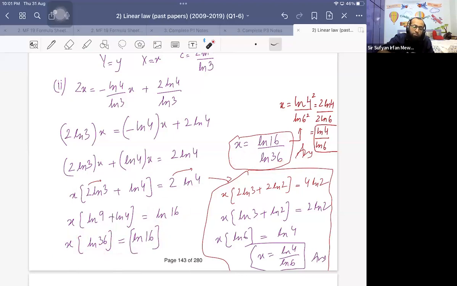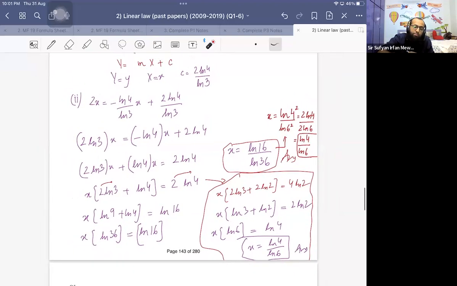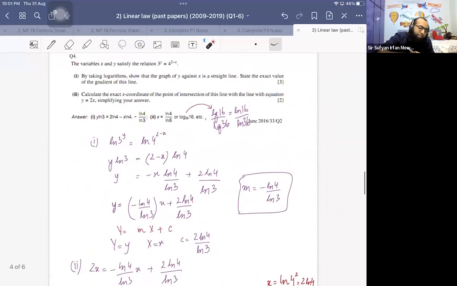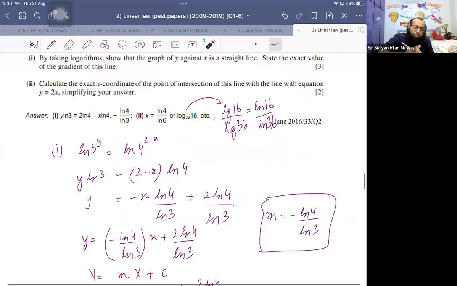Now the question is, is this in the simplest form? Over here, the examiner is writing the possible answers. x can be ln 4 upon ln 6, or it can be log of 16 with a base of 36. Change of base law is one of the laws of logarithms which we have not studied in P3.